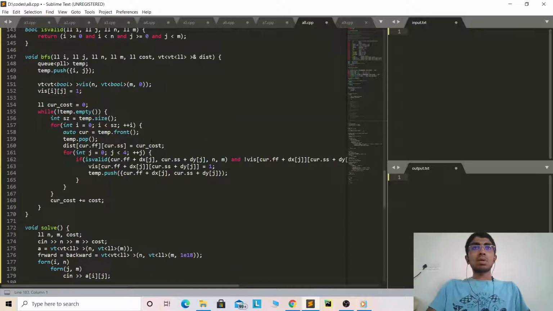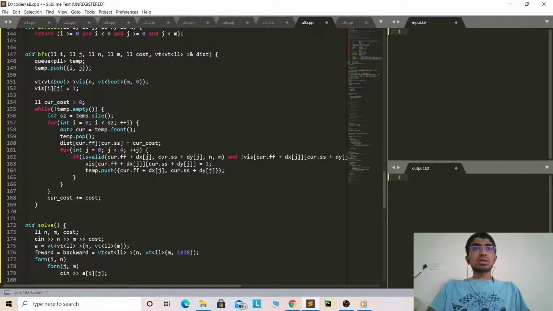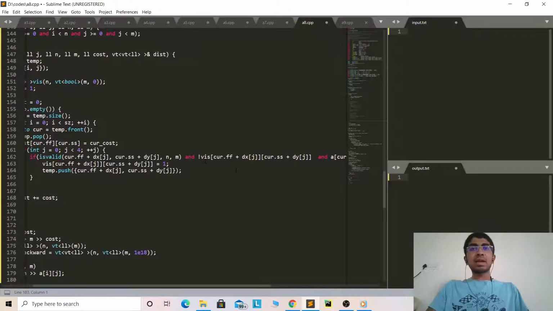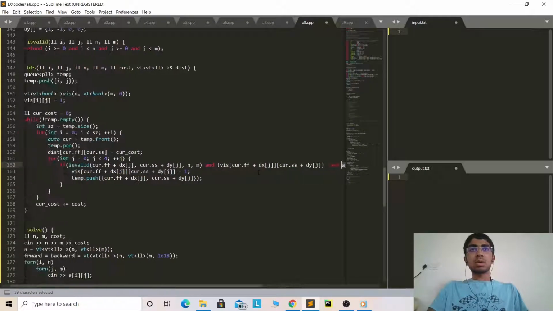This is just a normal BFS where I'm using a queue, and from each vertex I'm traveling to the 4 adjacent vertices and adding the cost. While traveling I'm maintaining a visited array and a check to verify whether the cell is accessible or not. So it should not be equal to -1, and it should not be already visited.